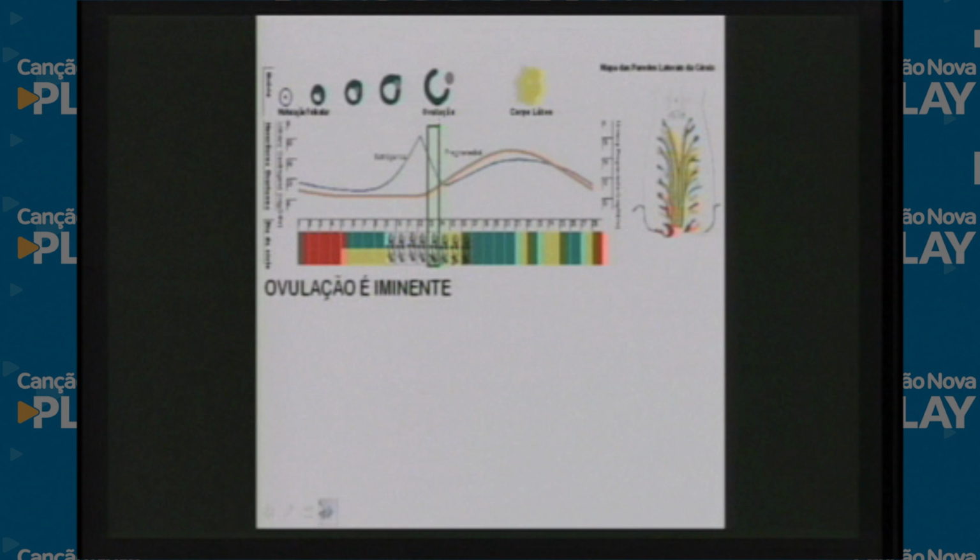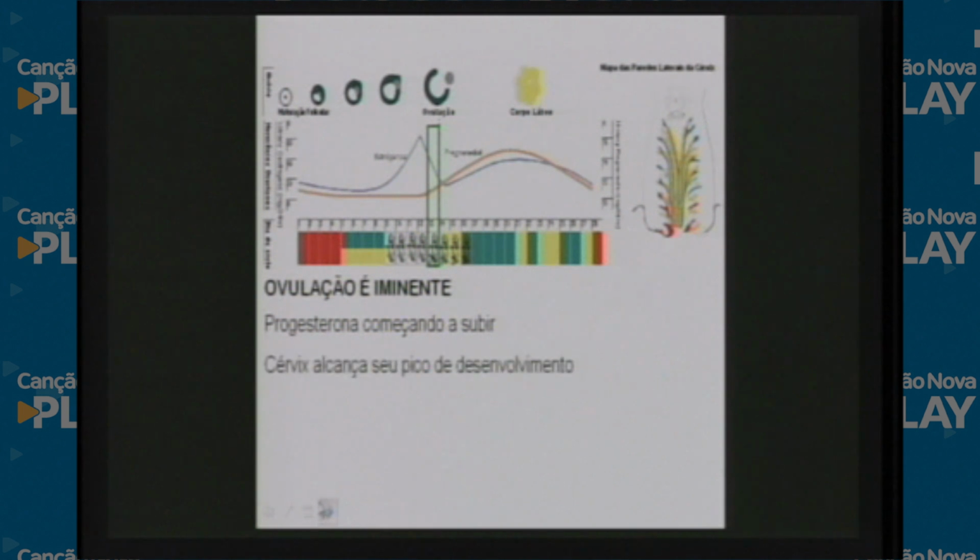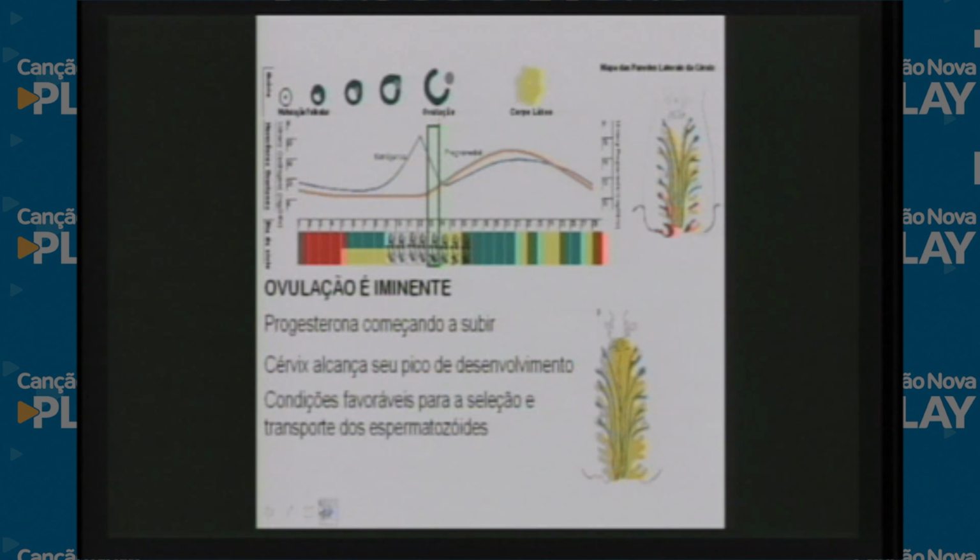Progesterone is beginning to rise. The cervix has reached its peak development. The conditions are now favorable for sperm selection and transport.